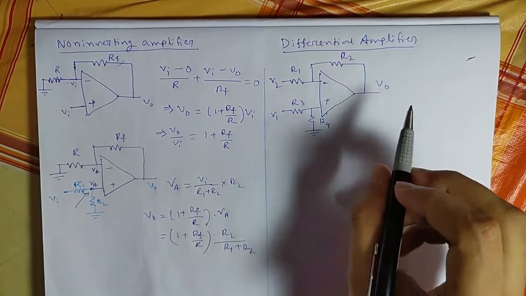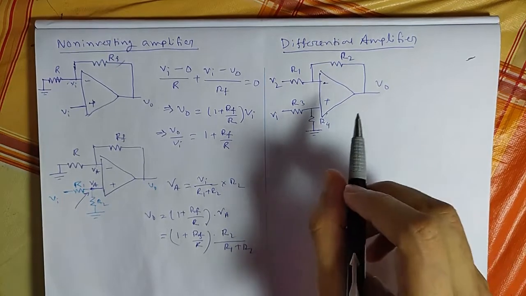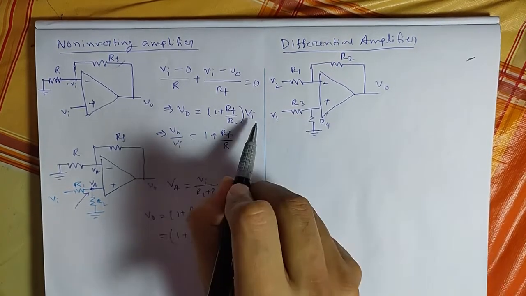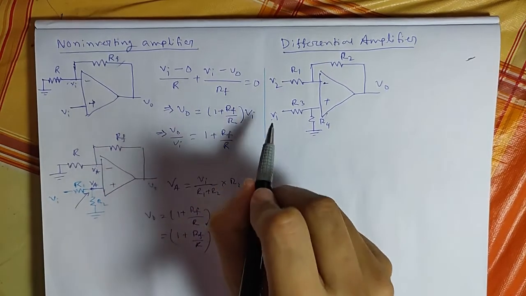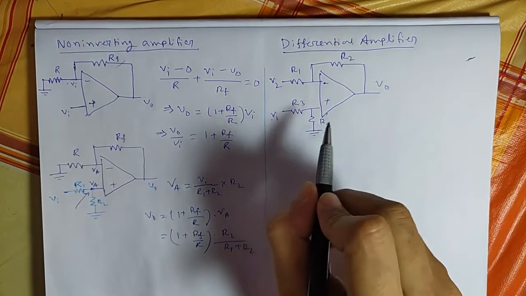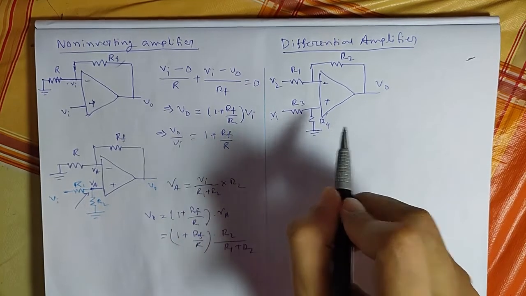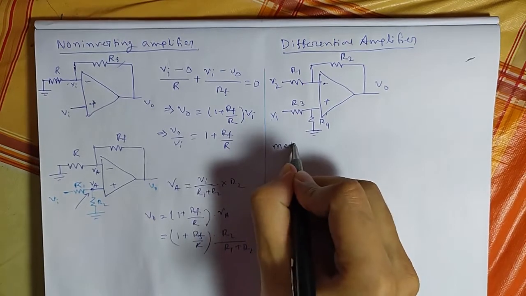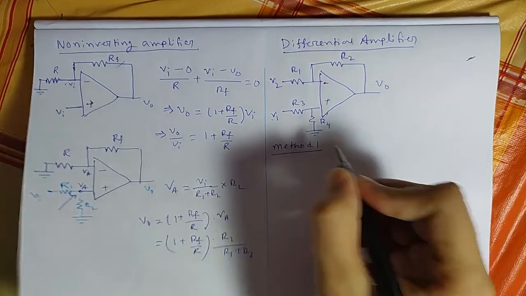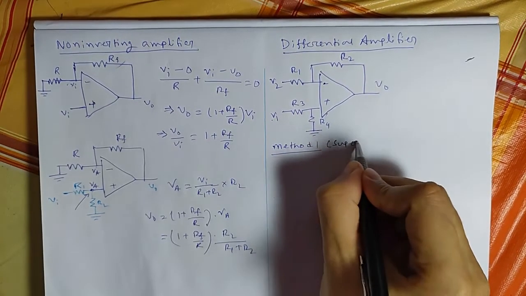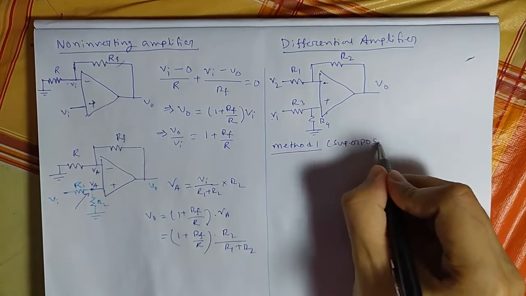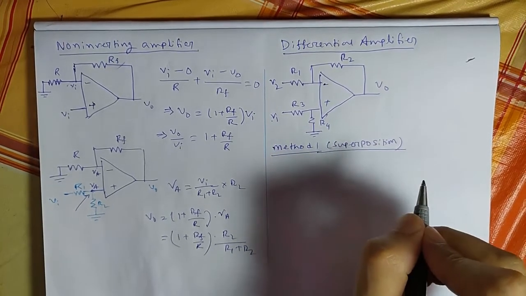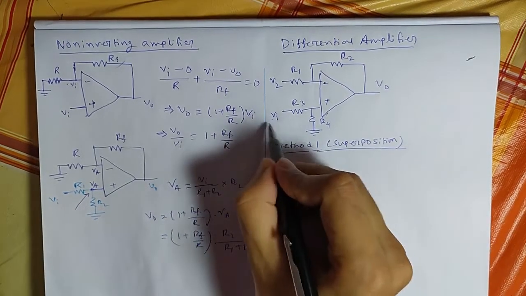We can do this in two ways. First, you can do this through the superposition law. We have two sources, so we'll take the response of each source individually and then sum it up. So first we shall use method 1, superposition. First we will consider the source V1.